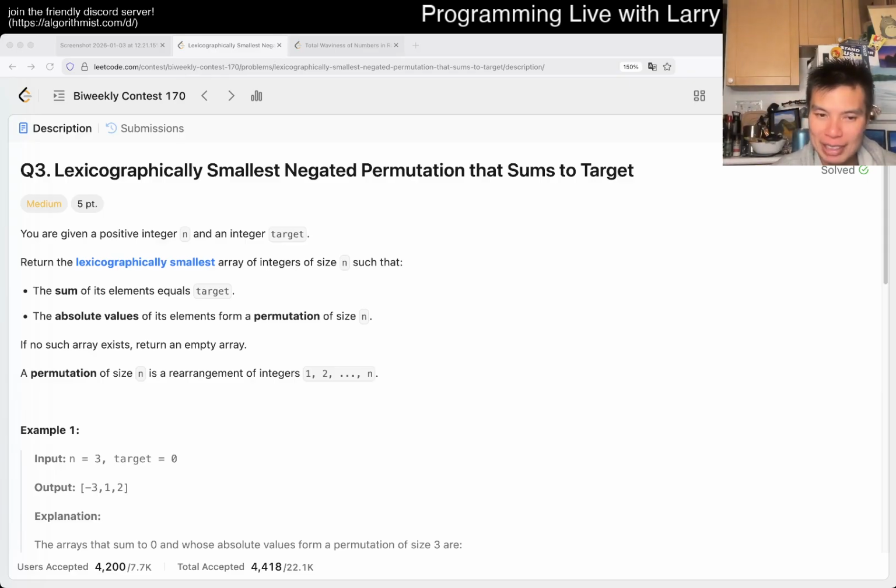So it's a very basic parity check: if the sum is odd, you can only have odd targets. And the second part, which for me anyway, the lexicographically thing is actually a hint, because this leads to a greedy solution, right?